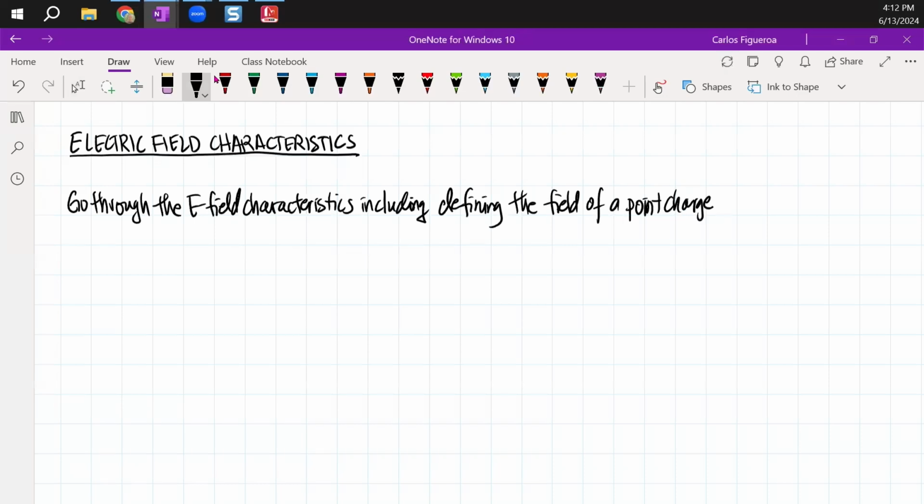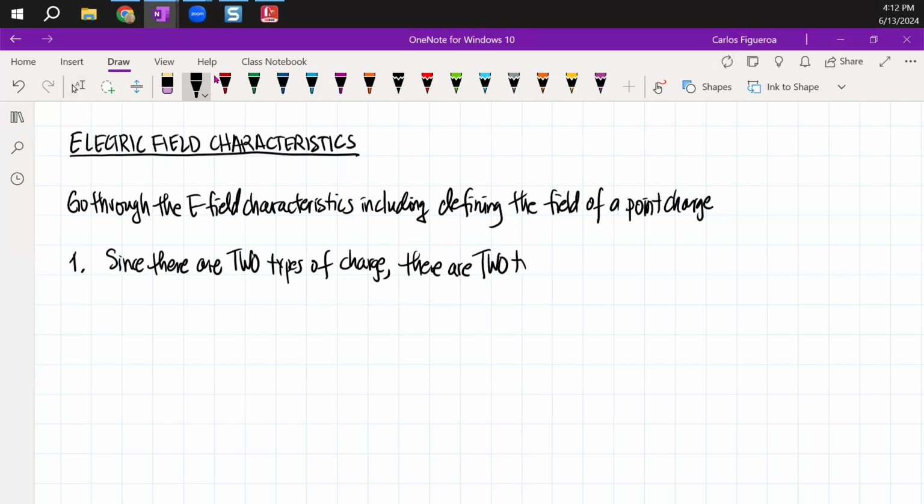Okay, let's go for the first one. Since there are two types of charge, there are two types of electric fields.